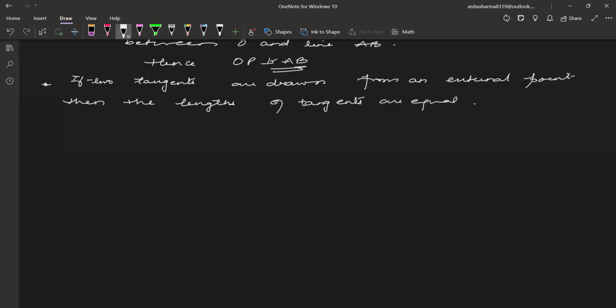Okay. So, first of all, you will draw the circle. Clear, beta? Now, you will draw the tangent, like this. Then draw the second tangent.